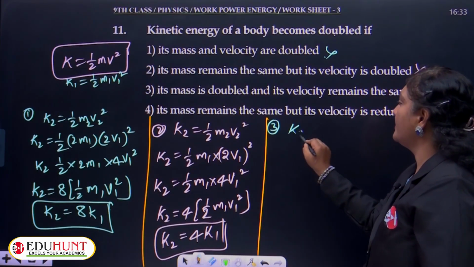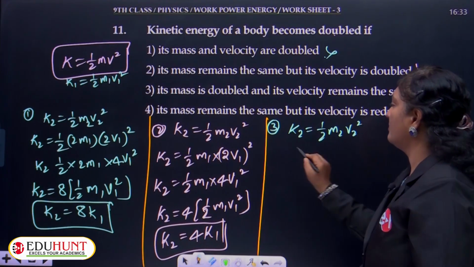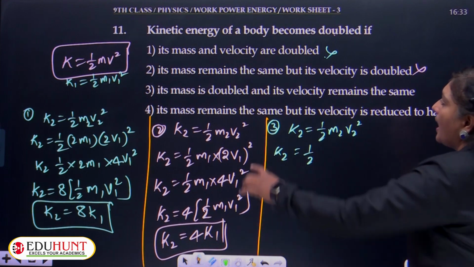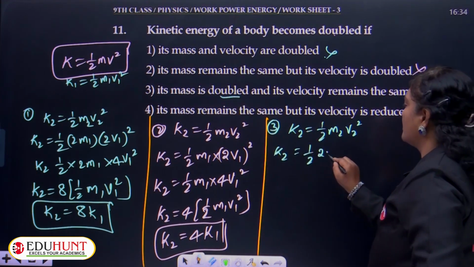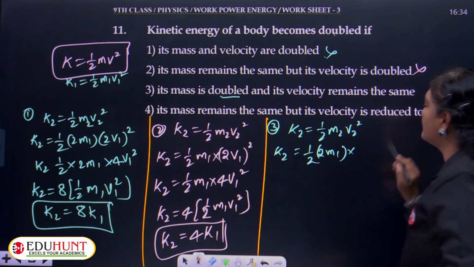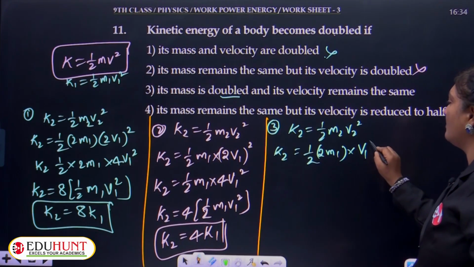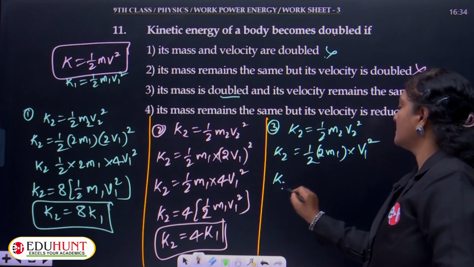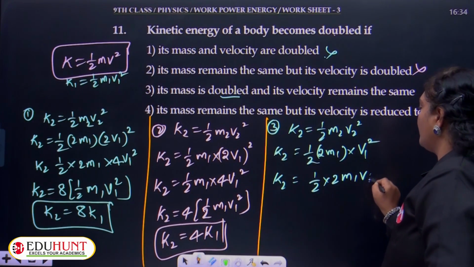Formula for kinetic energy, half mv square, for the third case. Half, what is m2? Mass is doubled. So instead of m2, you have to replace it with 2m1, and velocity remains the same, old velocity, v2 equals v1, so v1 square. Therefore, K2 is equal to half 2 times m1 v1 square.